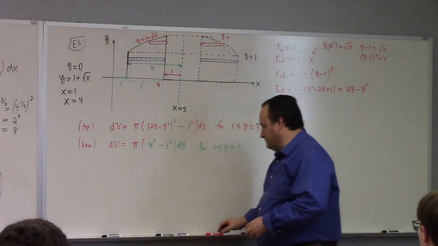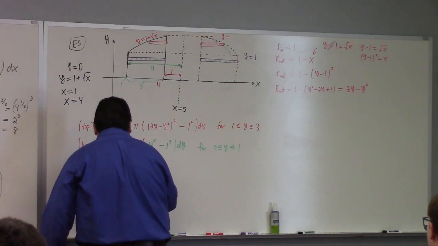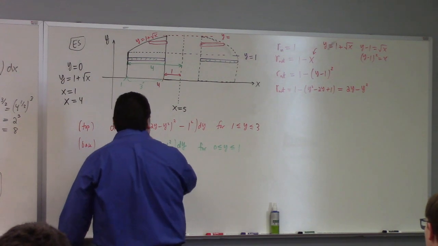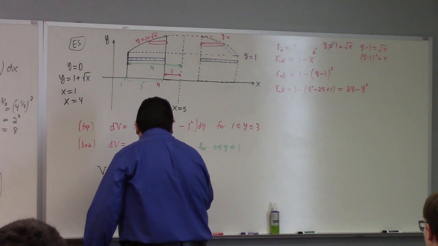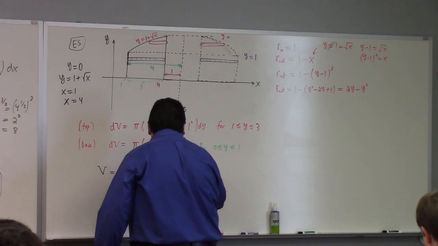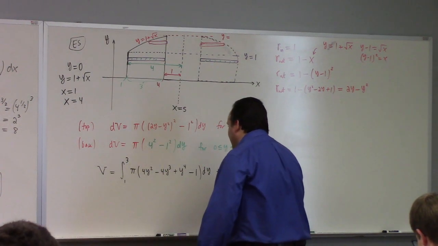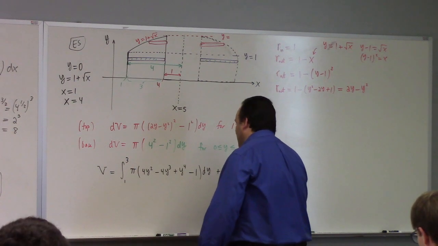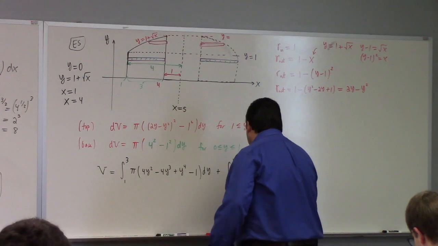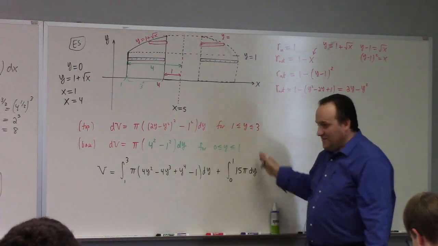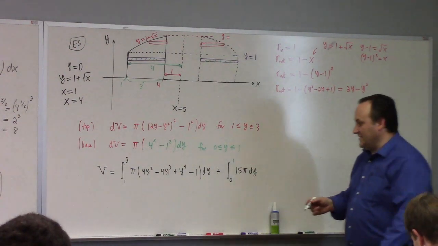So what's the total volume? We simply have to integrate from 1 to 3 pi times this mess. Let me write it out. That's 4y squared minus 4y cubed plus y to the power 4 minus 1 dy. Now this other integral, I'm going to do this one. Integral from 0 to 1 of that's 15 pi dy, right? So this here is 15 pi, right? The other part, I guess I need to calculate.